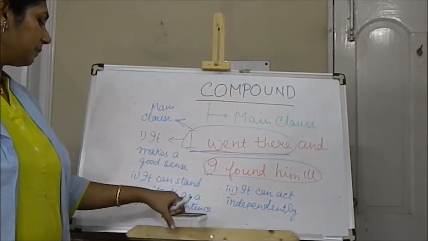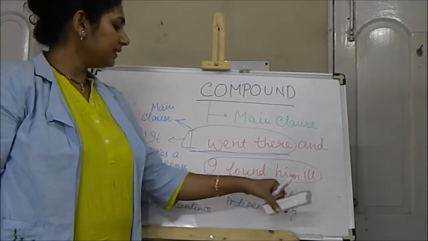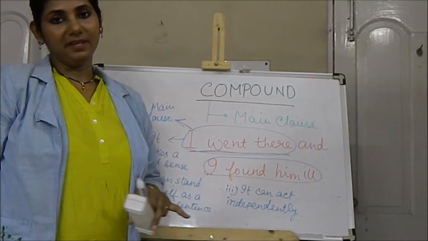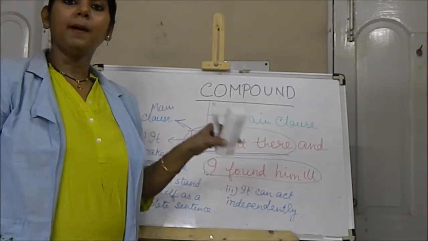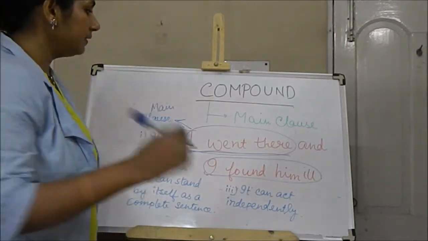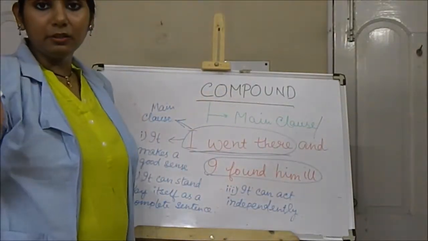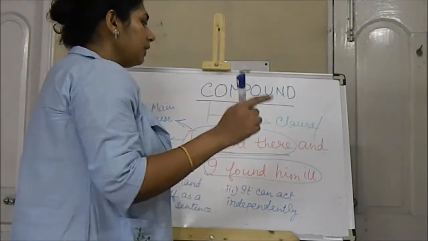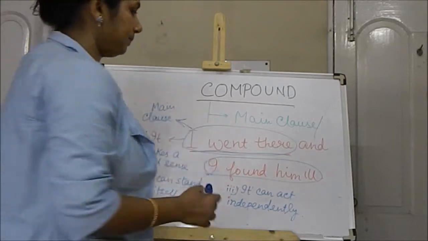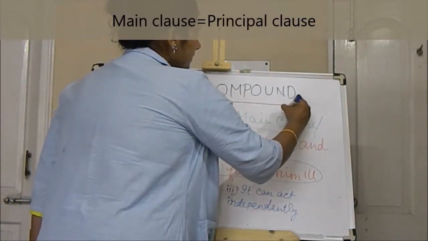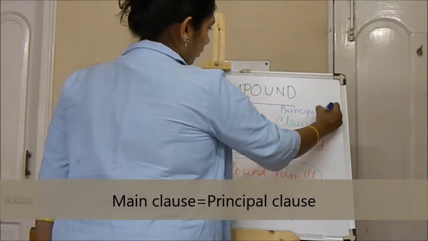It can stand by itself as a complete sentence and it can act independently. That's why we will call this part also a main clause. Another name of the main clause is principal clause. We can call the main clause a principal clause too.